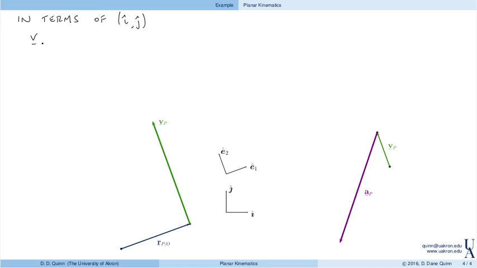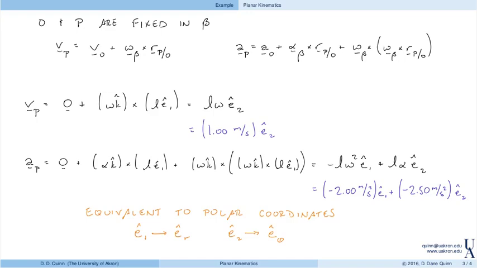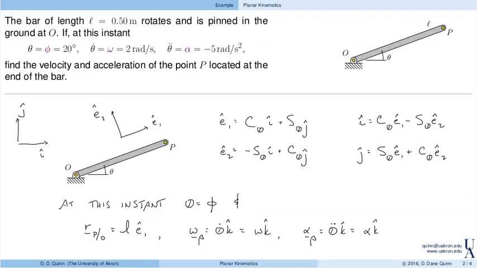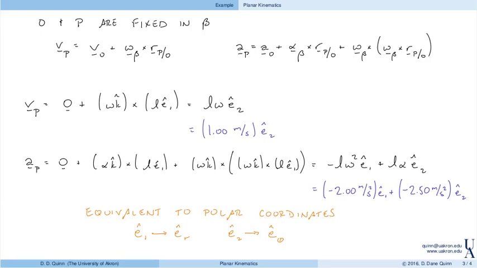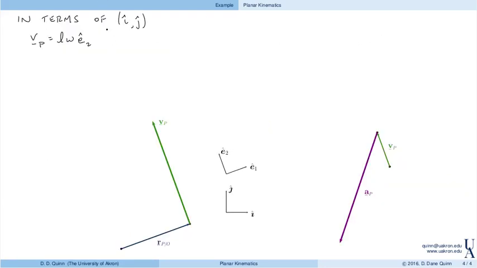Remember that the velocity of p was L omega in the E2 direction. And if you recall, we have E2 written in terms of I and j, and we have E1 written in terms of I and j. So wherever we see an E1 or an E2, we can substitute in that direction in terms of I and j.